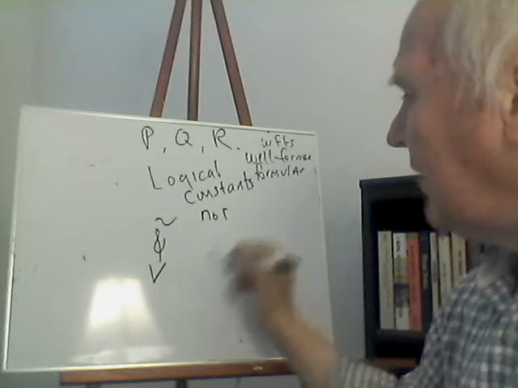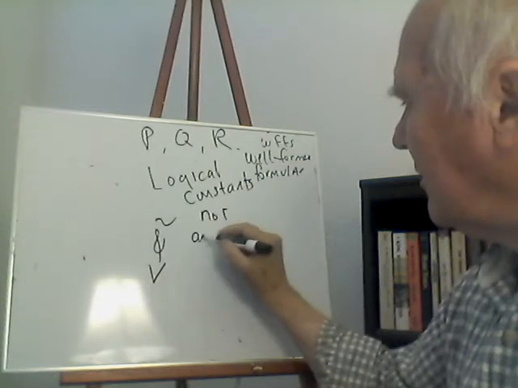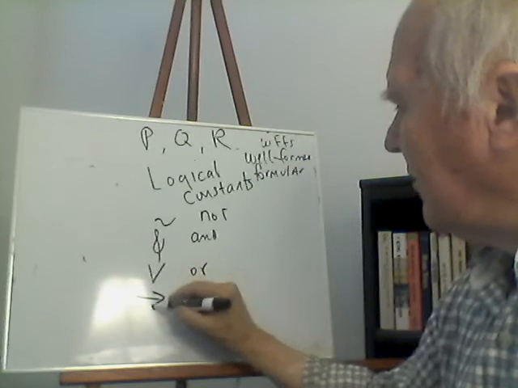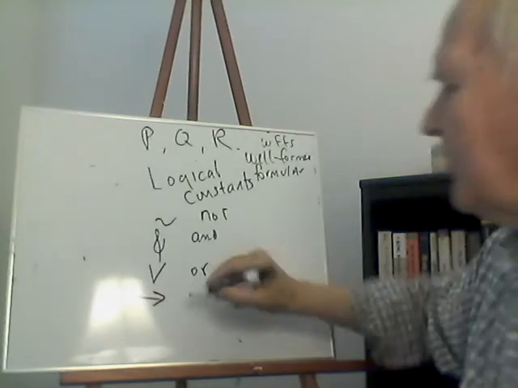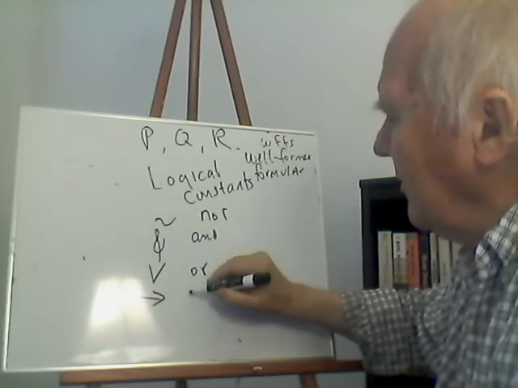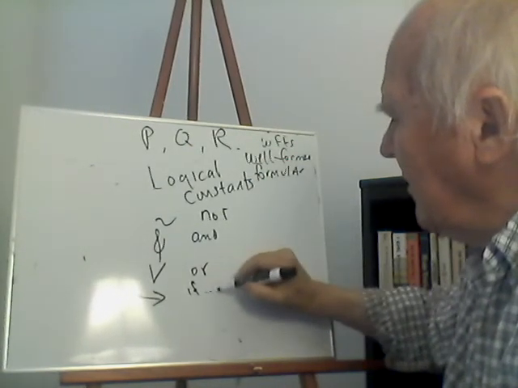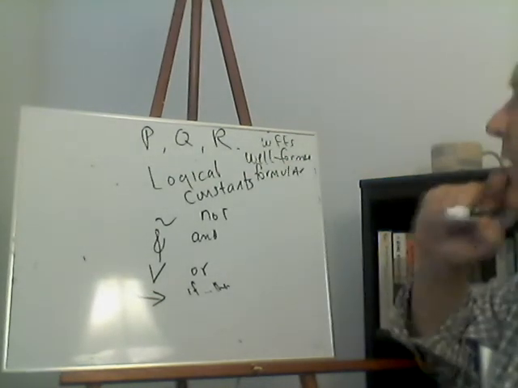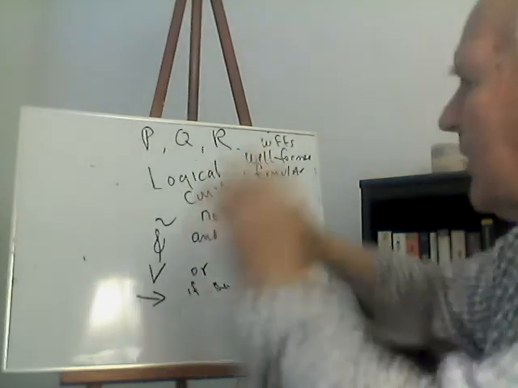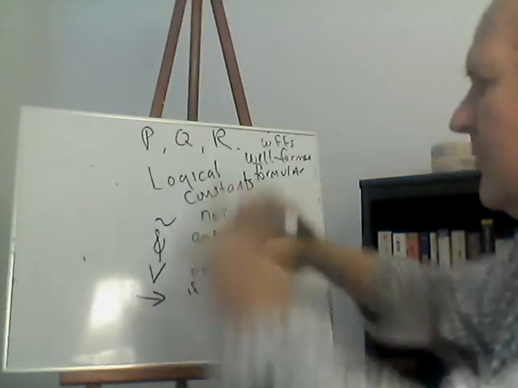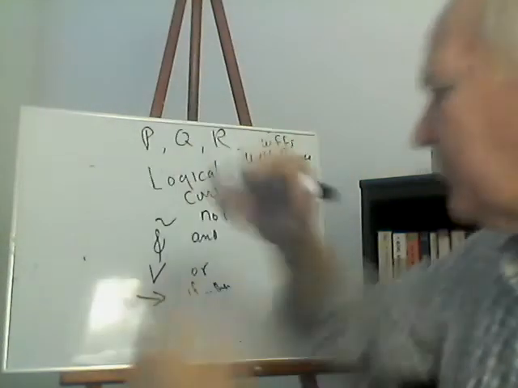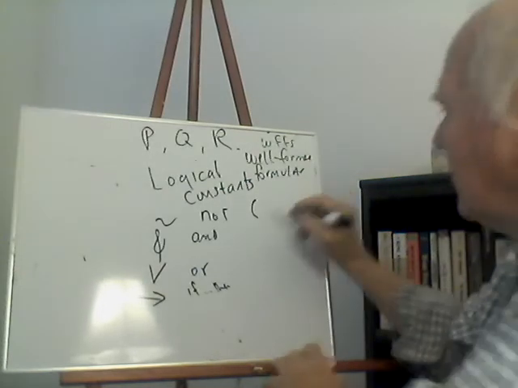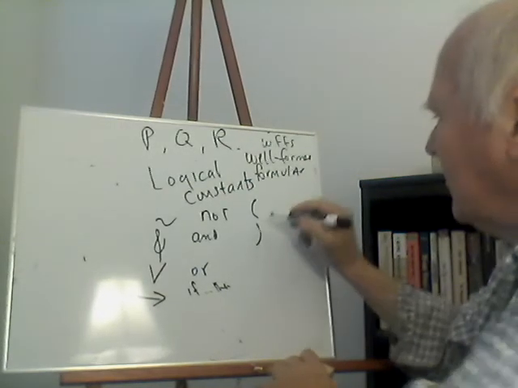The V or the vel is or. So and, or, and the arrow. That's all we'll do right now. There's one more, the double arrow, but I'll stick with the arrow right now. This means if, then. And then we've also got parentheses. We're going to have to use parentheses to show groupings. So we've also got the left parenthesis and the right parenthesis.